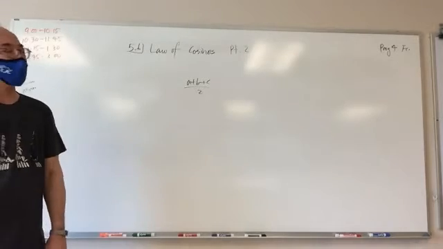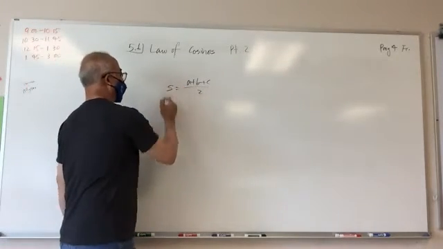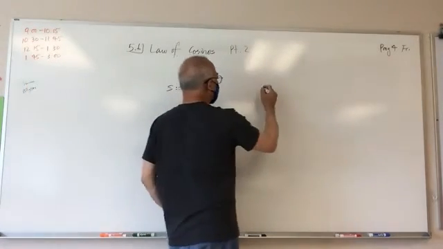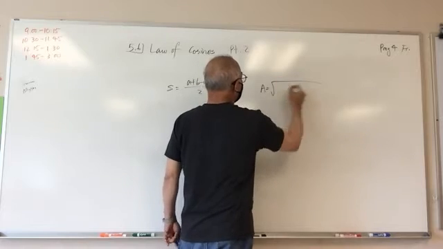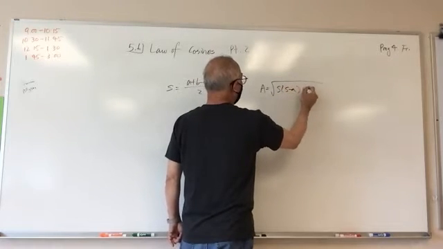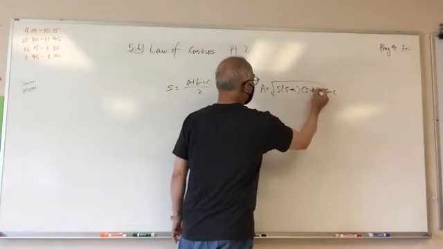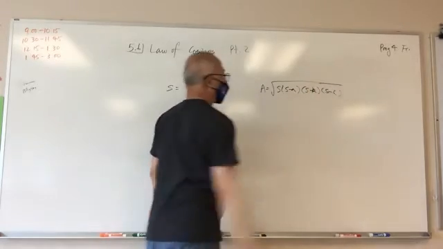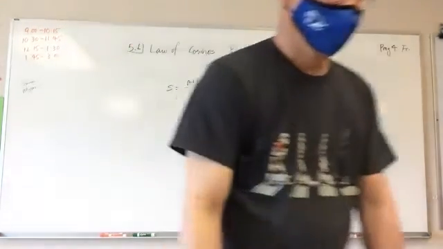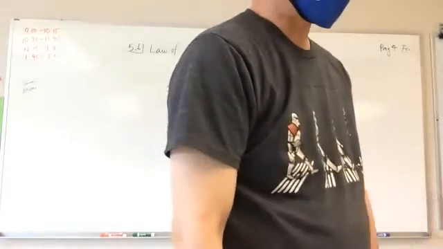So the semi-perimeter, this is S. And Heron's equation says that the area of the triangle is going to be this. Okay, so that's what Heron's formula says.